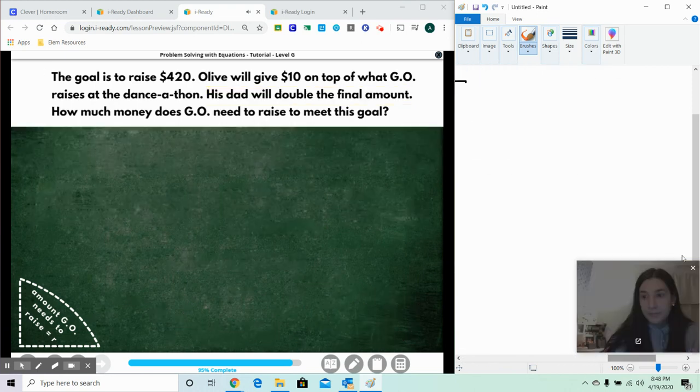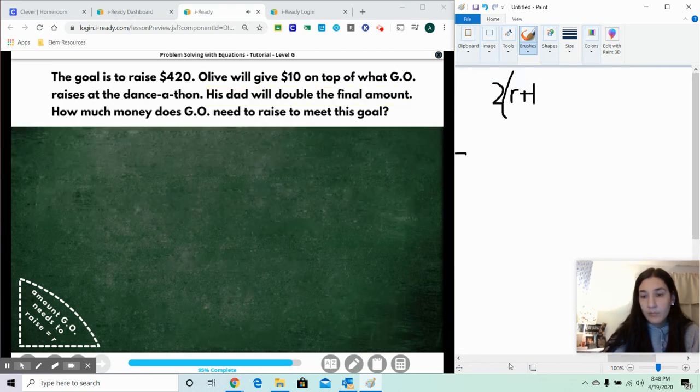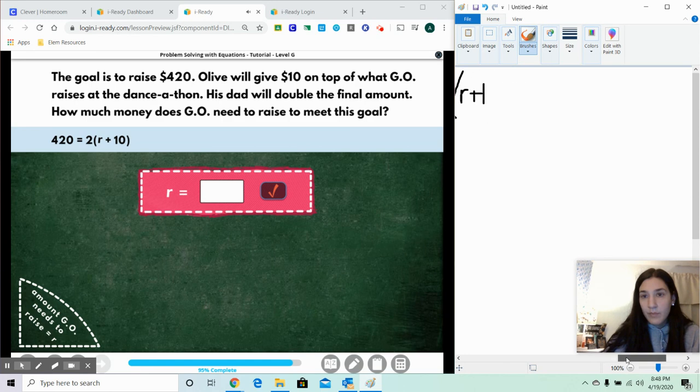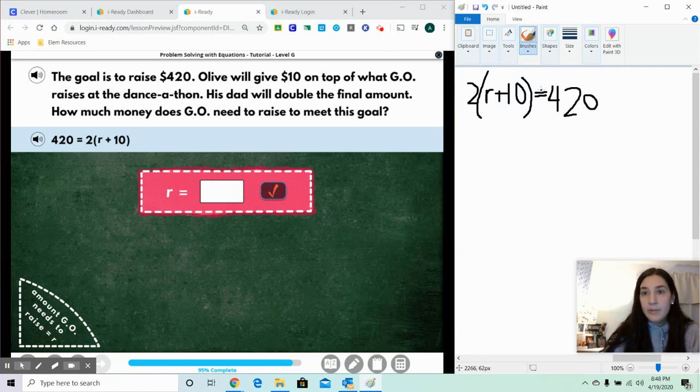Let's see how much I need to raise by isolating the variable R. Solve the equation 2 times the quantity R plus 10 equals 420. Okay, here we go. So here we have a very beautiful distributive property problem. All right, so we're going to draw our line. First, we are going to distribute that 2 into our parentheses.